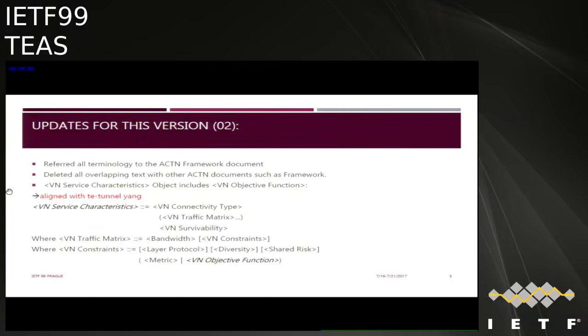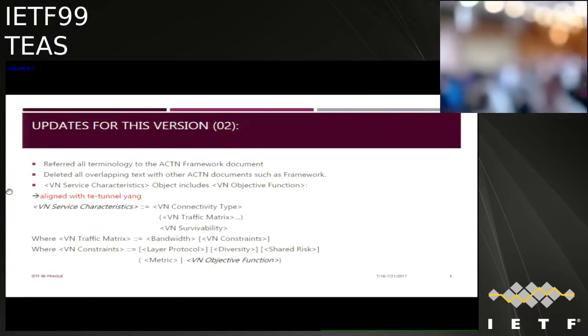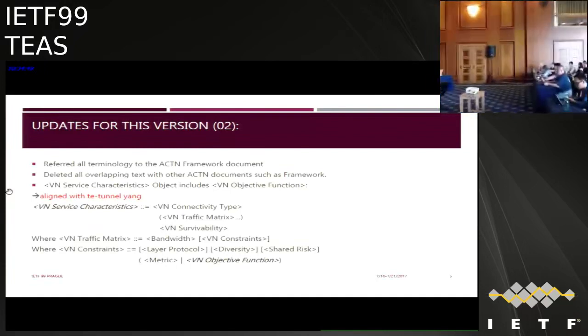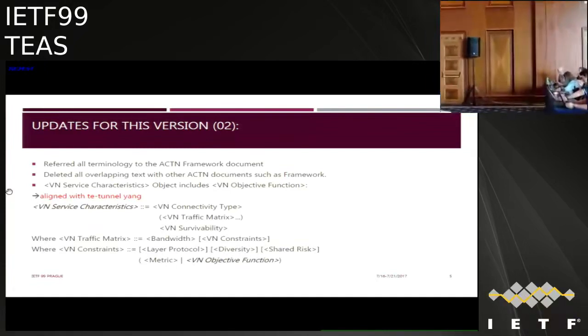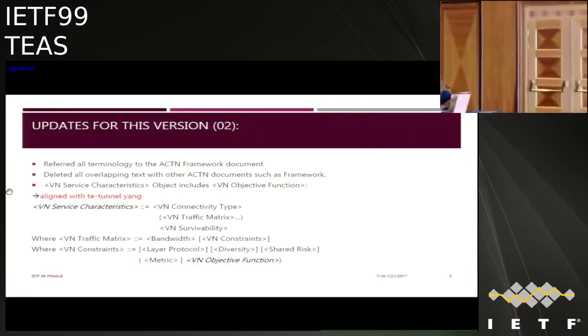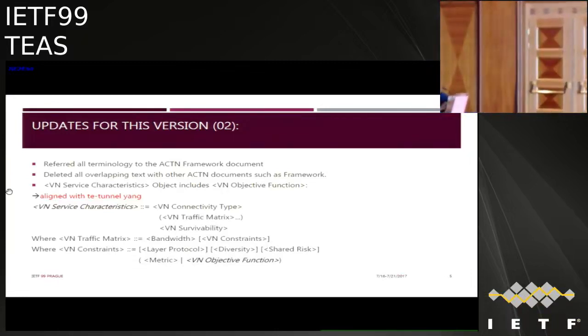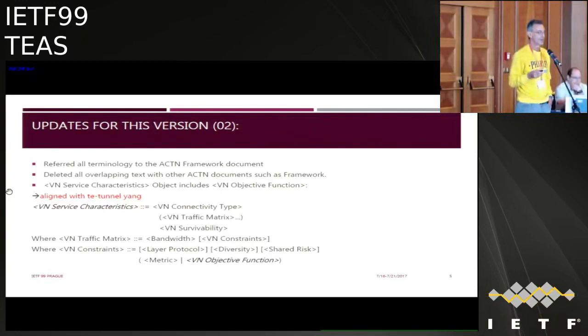And so we try to refer all the terminology and definitions to only one document, that is the ACTN framework document, which is the base reference document for any definition and terminology in ACTN, and deleted all the overlapping with other documents specific for the framework.